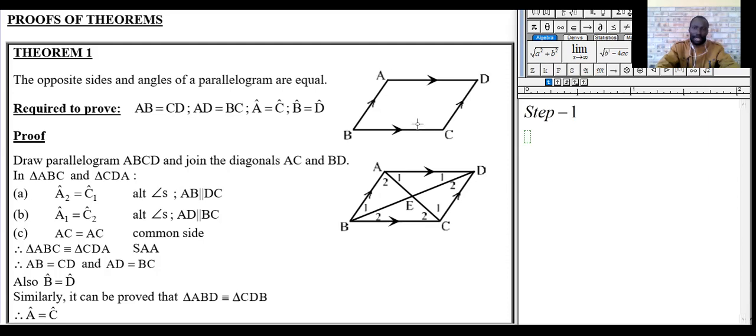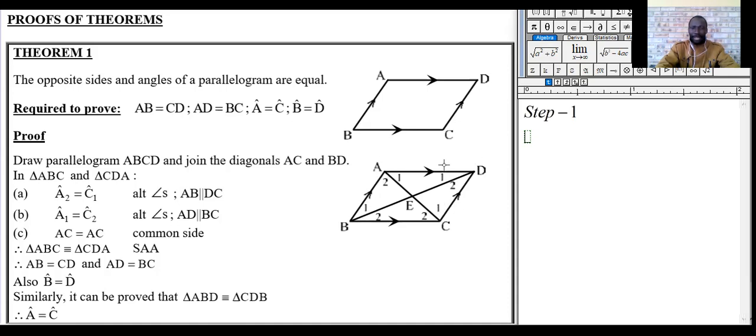The next thing in step 1 is to connect point B to point D, and we also form a straight line, which is also a diagonal. Basically, we will have two diagonals. In step 1, we draw the diagonals: the first when we connect point A to point C, the second when we connect point B to point D.